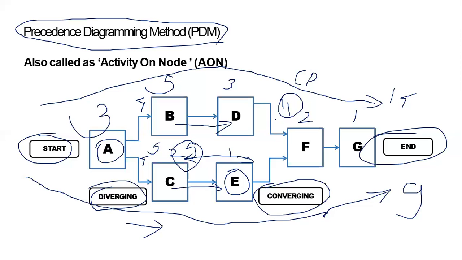So E has an option of 6 days of float, so it can go 6 days. Even if it started 6 days late, the project still manages. If it goes beyond that, the project gets delayed, but it has an option of 6 days, right? So this is nothing but the concept of a float. It's a little complicated, but once you get it, we are going to another method to see how it can be calculated even more easily.